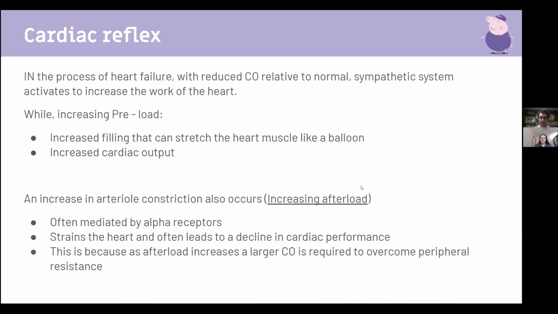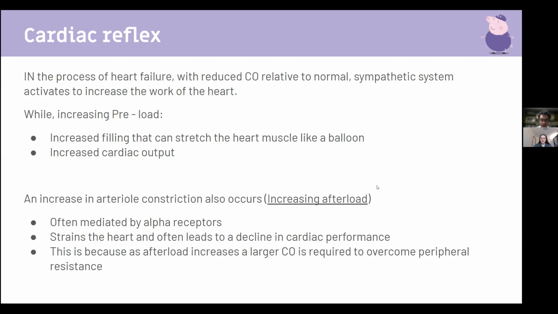And sometimes that can occur. Sometimes your increase in preload can stretch the heart too much to the point it damages the heart further. Furthermore, there's also fibrotic tissue, which means it can't stretch as much anyway. So you're really putting a lot of strain on the heart by doing this sometimes, even though it's part of the mechanism to respond to it.